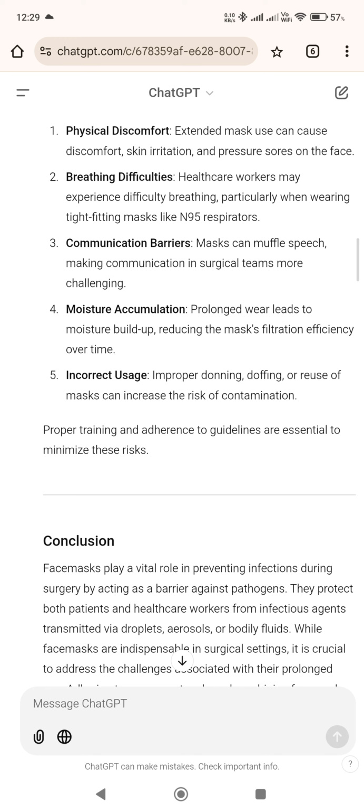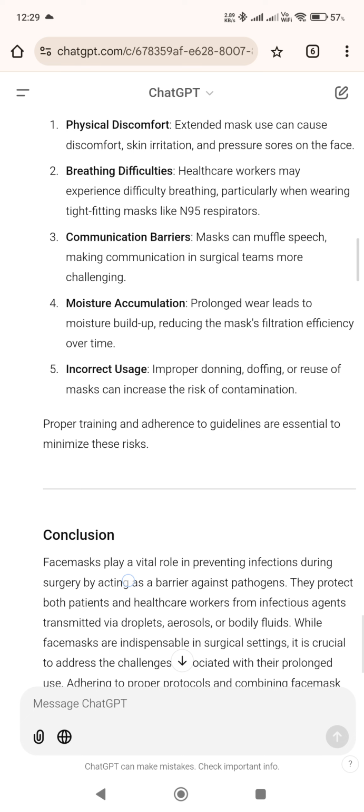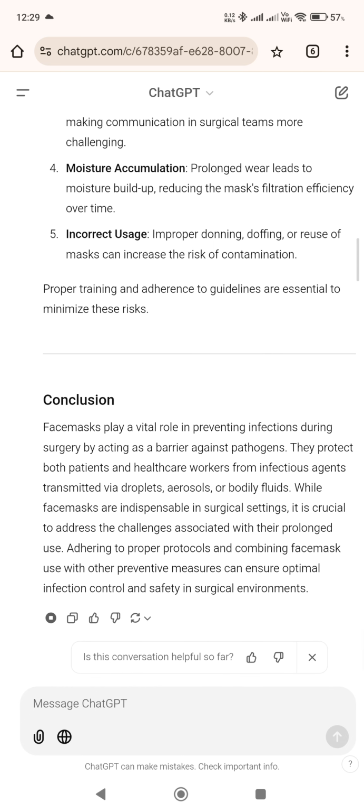Communication barriers. Masks can muffle speech, making communication in surgical teams more challenging. 4. Moisture accumulation. Prolonged wear leads to moisture buildup, reducing the mask's filtration efficiency over time. 5. Incorrect usage. Improper donning, doffing, or reuse of masks can increase the risk of contamination. Proper training and adherence to guidelines are essential to minimize these risks.